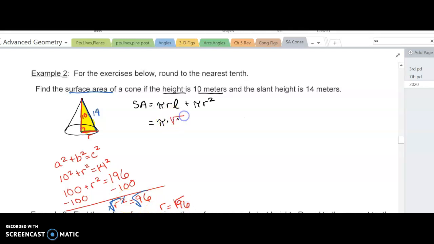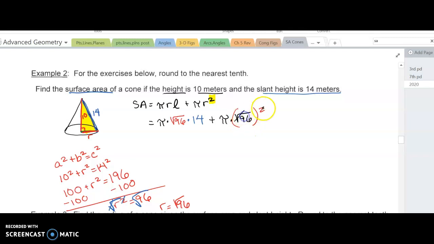So this is going to be square root 96 times the slant height, which we now know to be 14. That was given to us, right? Slant height is 14, plus pi times, again, square root 96. But look, it's square root 96 squared. So what do you think happens with that square root and that square?